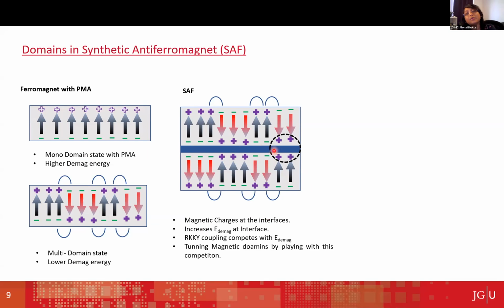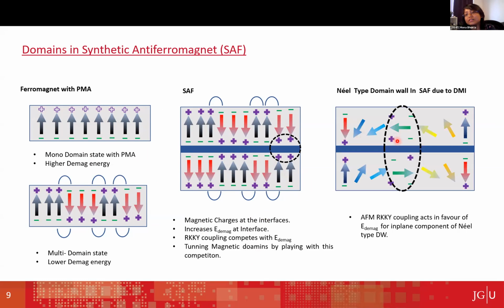If in the synthetic antiferromagnet we have Néel-type domain walls due to the DMI, the in-plane components are favored at the interface by the demag energy, which contradicts the out-of-plane arrangement. So we could utilize these properties of the synthetic antiferromagnet to tune our system.